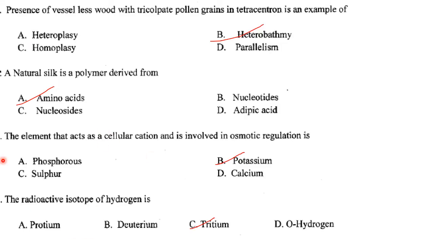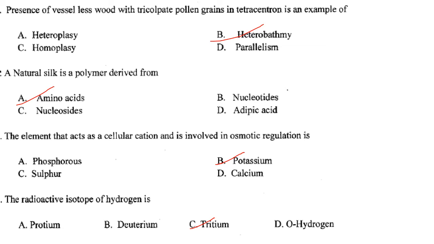Then next one, presence of vessel-less wood with the tricolpate pollen grains in Tetracentron is an example of heterobathmy. Homoplasy is the character shared by a set of species but not present in their common ancestor. And parallelism is an evolutionary process by which two or more separate species in the same environment develop similar adaptations or characteristics for survival.